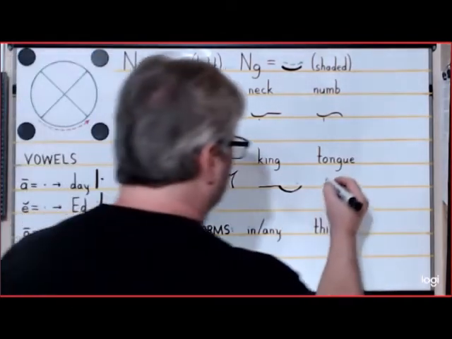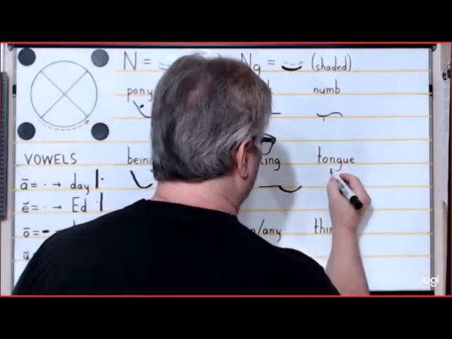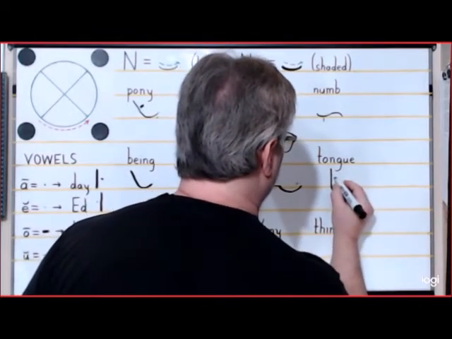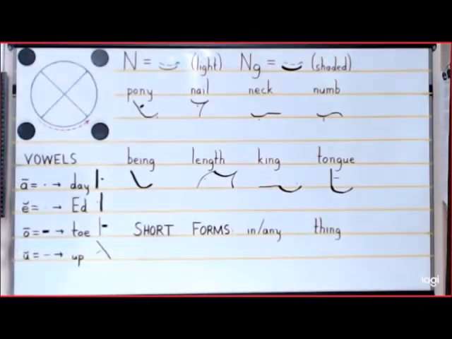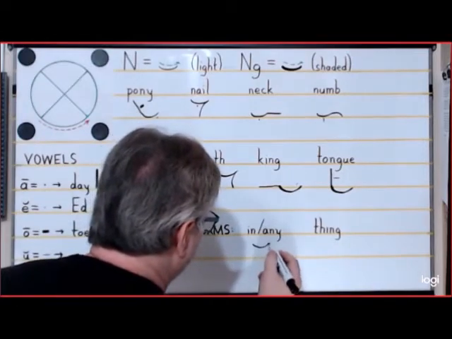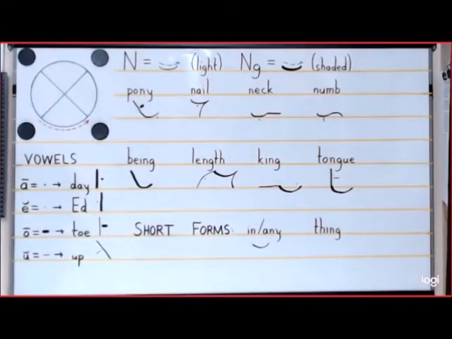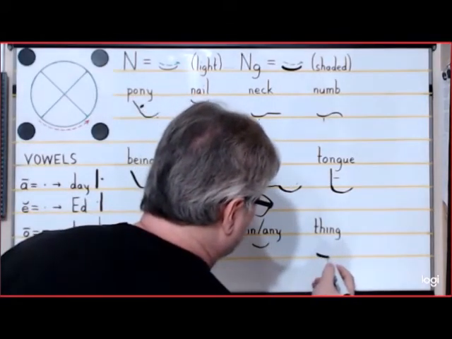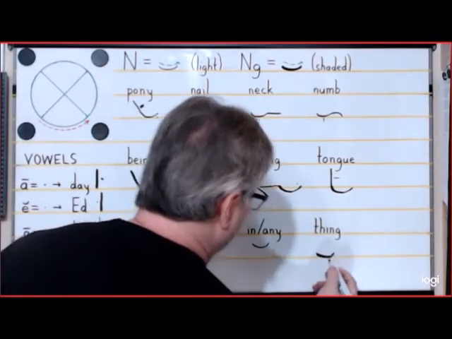The word tongue is T, and then NG, with a light dash. The short forms in or any, both represented by the N above the line. And the word thing is the NG on the line.